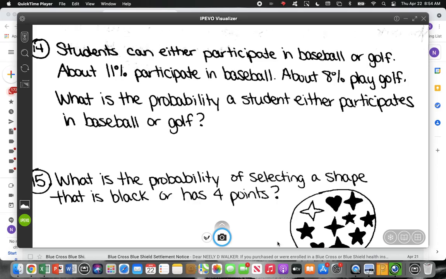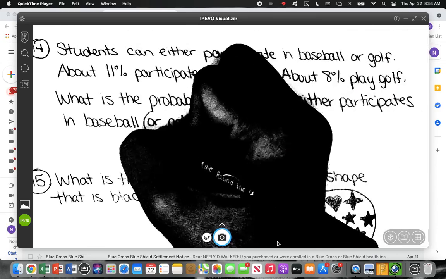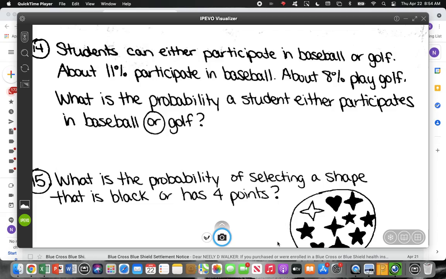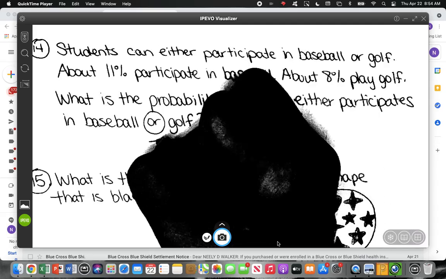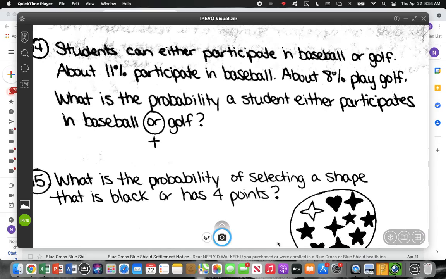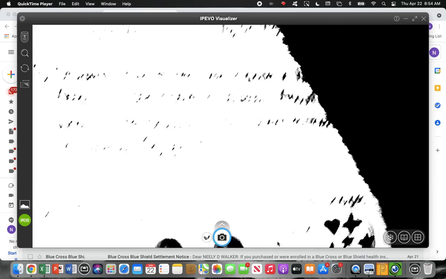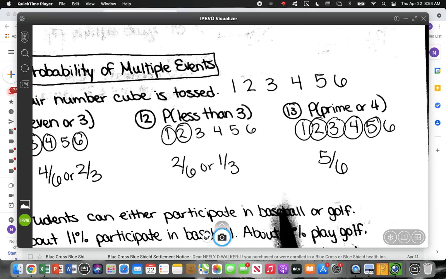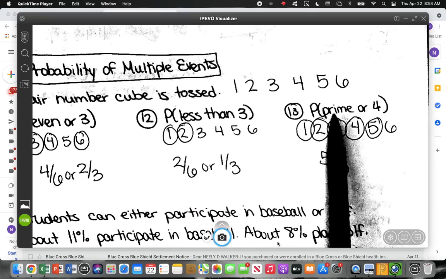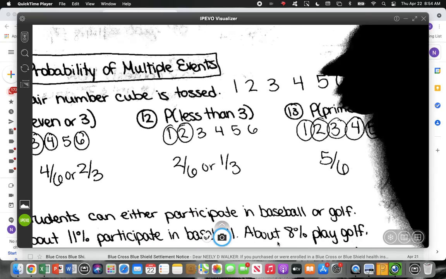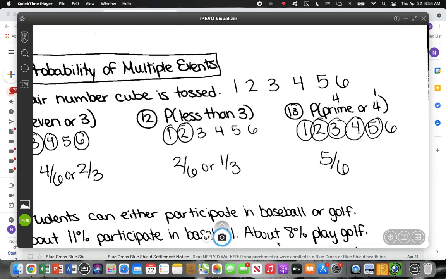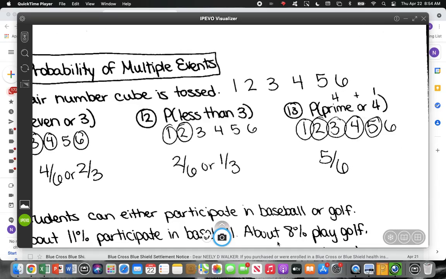So the probability that they are participating in one or the other, whenever we see the word or, do we add or multiply? Oh, I don't think so. We add. Think about this. Whenever we looked up here, we didn't multiply these. There were 4 primes and 1 number there, and we just added 4 plus 1 and got 5.